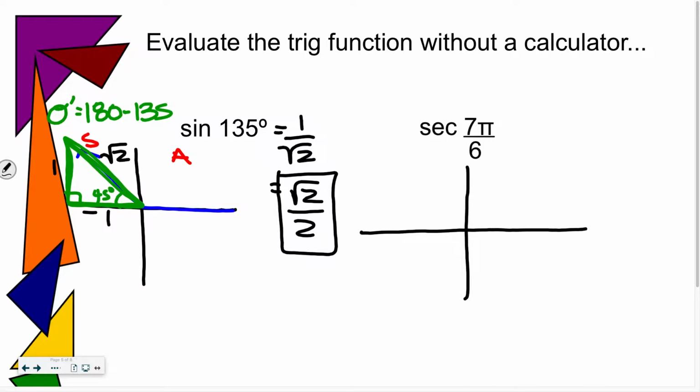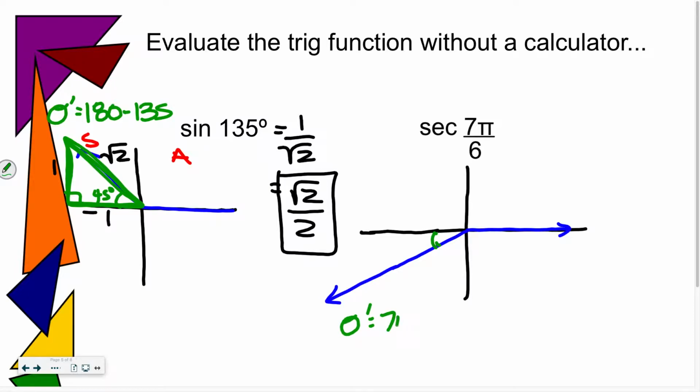Where will 7/6 pi be? Third quadrant. And so we want that reference angle. I'm going to mark it with the theta. We want that reference angle right there, going back to the x-axis. So remember in quadrant 3, that's your overflow angle.